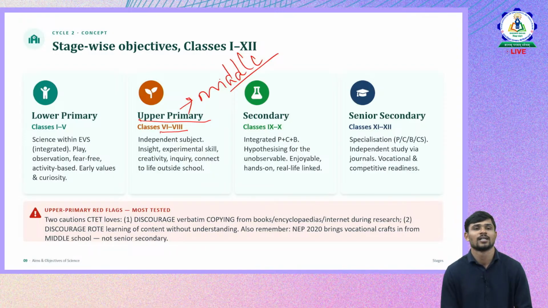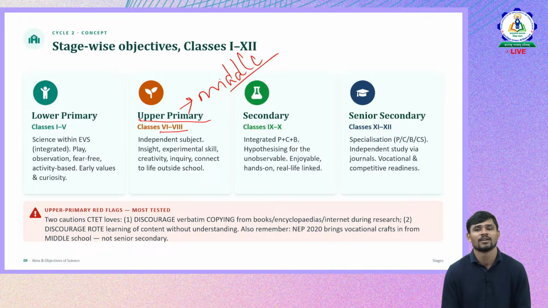At the lower stage, we already discussed when we were discussing the nature of science how science should be at different levels. At the primary level, it is EVS, the integrated one. Then at upper primary level, it is an independent subject, and it is experiential in nature. When you come to secondary, it becomes composite, very specific: physics, chemistry, biology, divided.